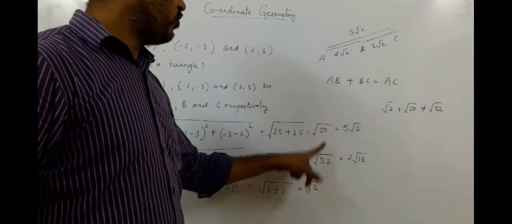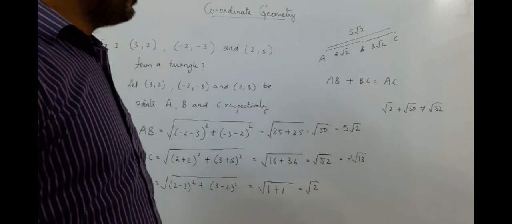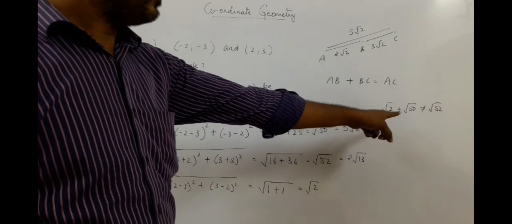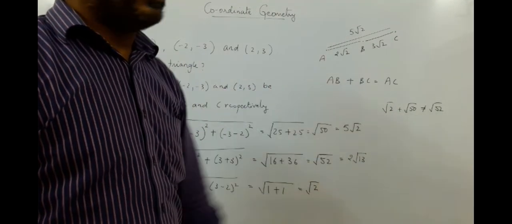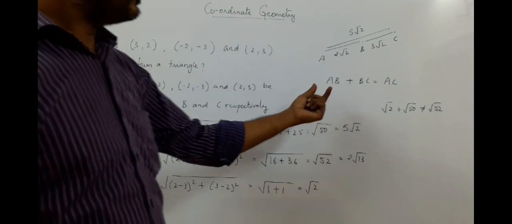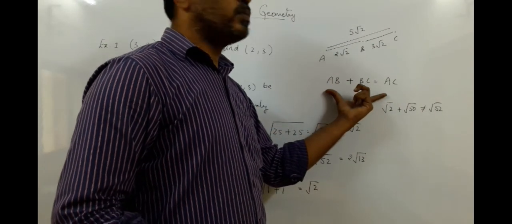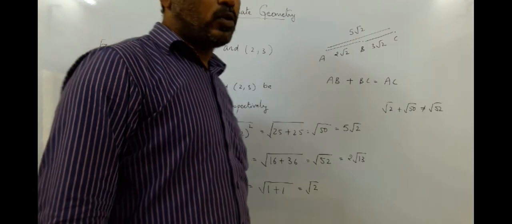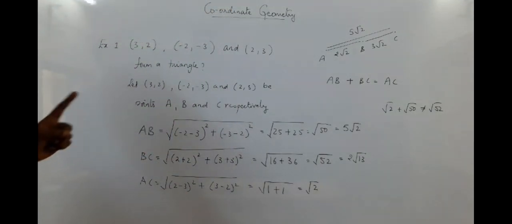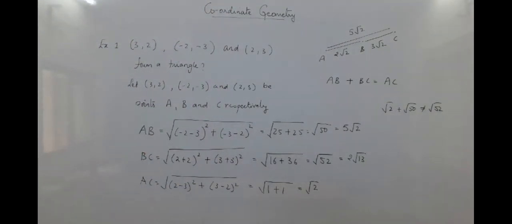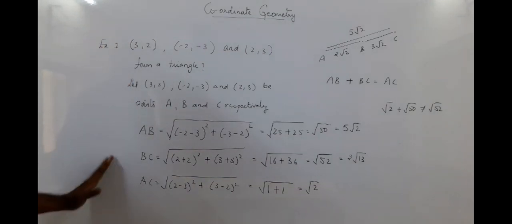Root 2 plus root 52 is not root 50. When you add irrational numbers, they are not added in this manner. So the sum of the two smaller sides does not give us the bigger side. So these 3 points are not collinear. And because these 3 points are not collinear, it forms a triangle. So this is the first type of sum.